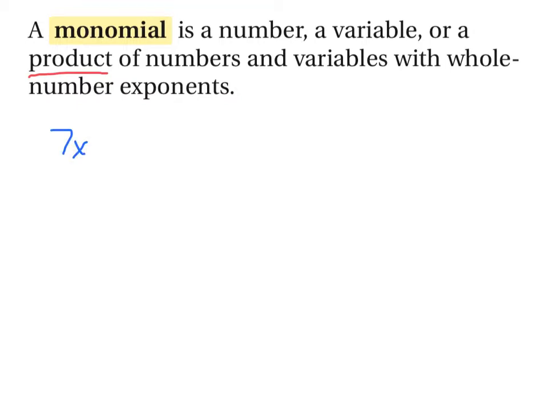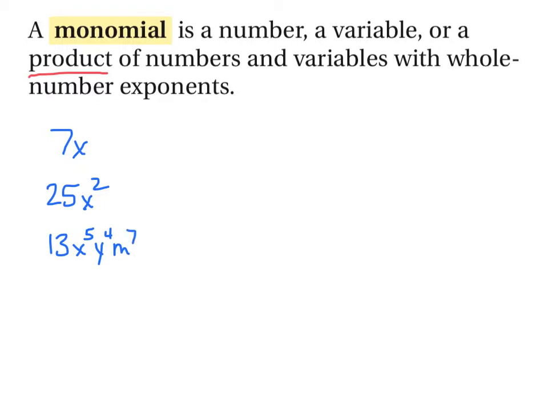7x is a monomial. 25x squared is a monomial. It can have positive whole number exponents. 13x to the fifth, y to the fourth, m to the seventh, that's a monomial.